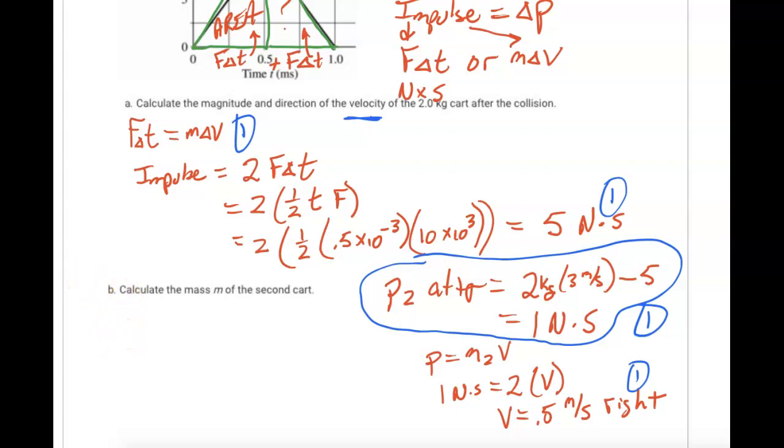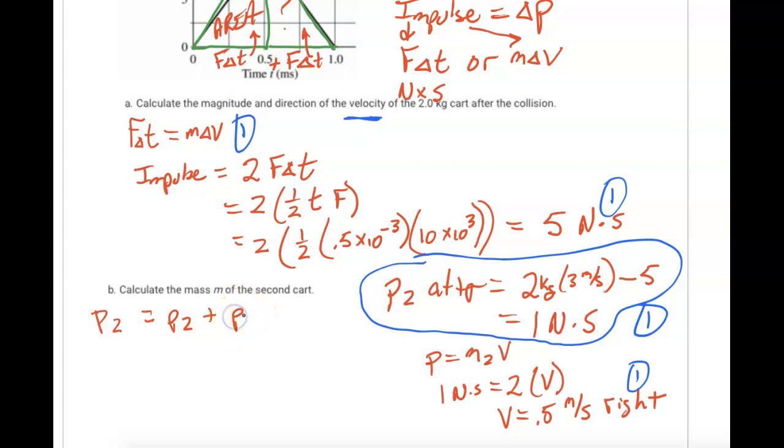For part B, they want us to calculate the mass of that second cart. So here we go. We know that the momentum of the 2 kilogram cart before is equal to the momentum of the 2 kilogram cart after plus the momentum of the entire thing afterwards.